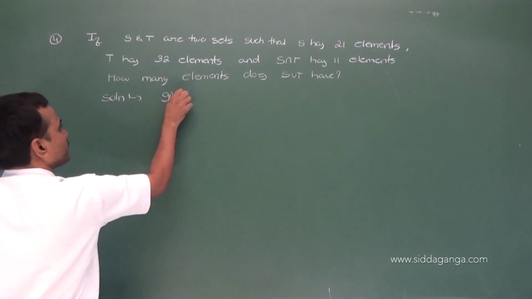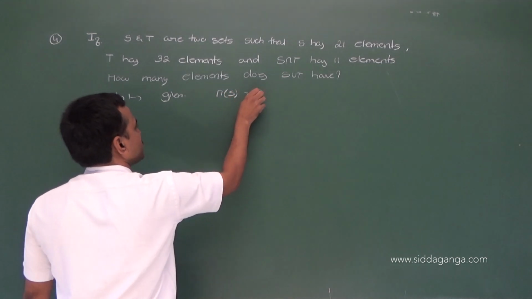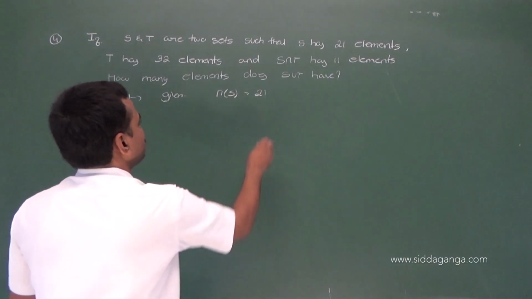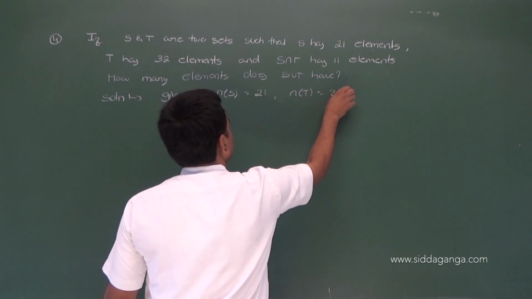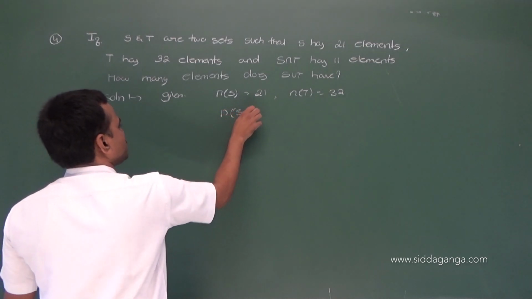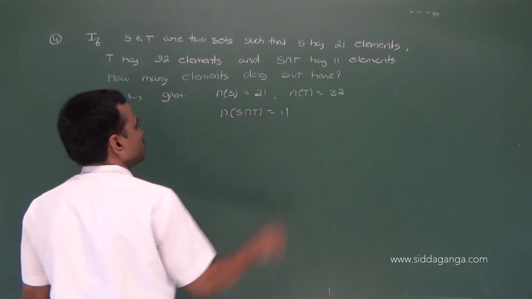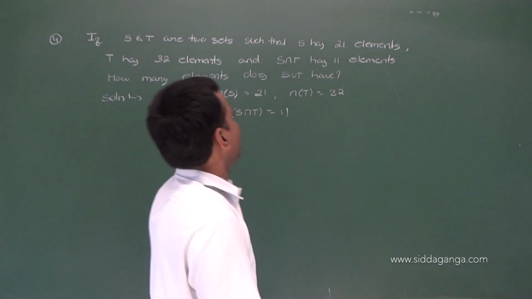Give one solution. N of S is equal to 21. N of T is equal to 32. N of S intersection T is equal to 11.